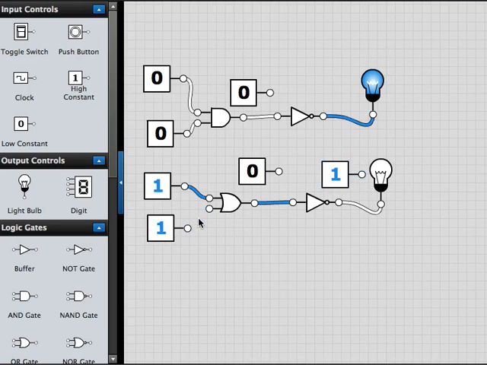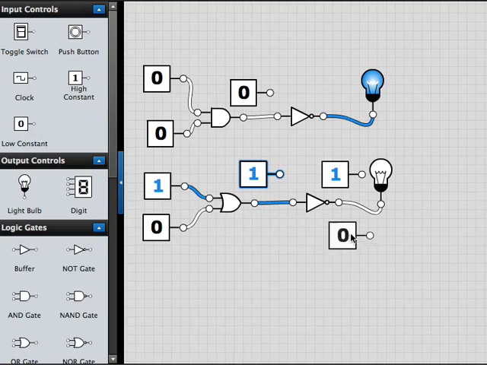Let's take that out and remove that. And now the theory being that if it's a 1 or a 0, the output should not change. There we are. The output hasn't changed because the output of the OR gate is still 1, which makes the output of the NOT gate 0.